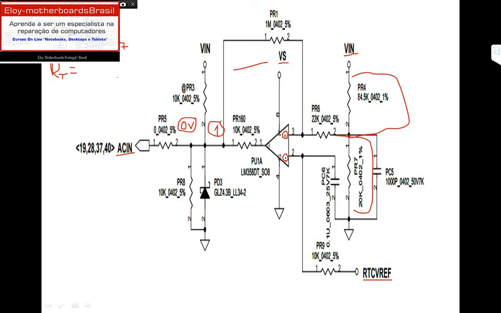It will be 84.5 K. K means 1000, right? We have ohms, and above it I'm going to write kilo.